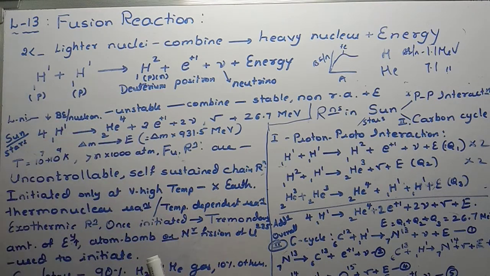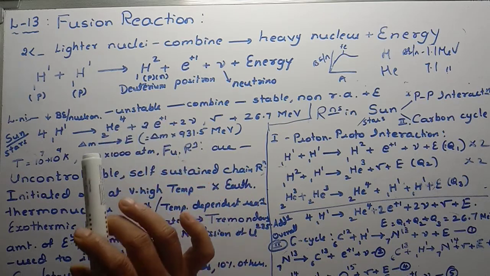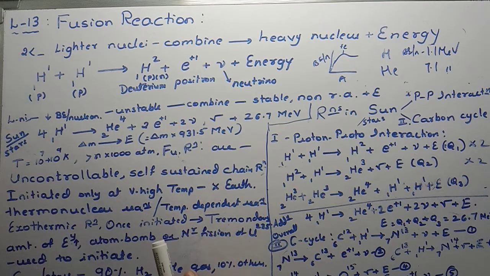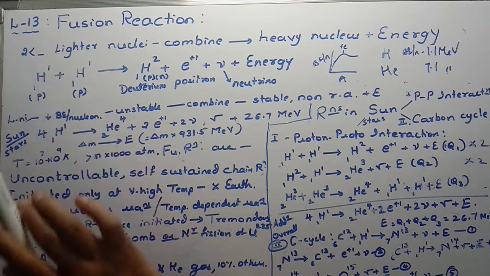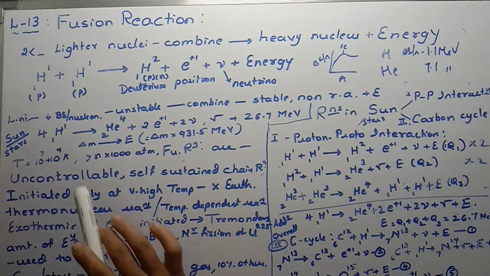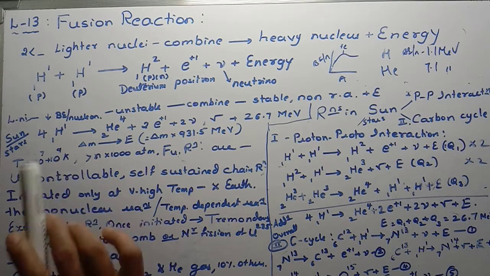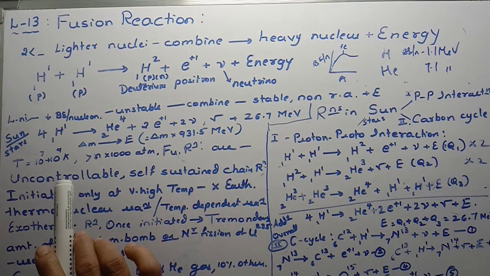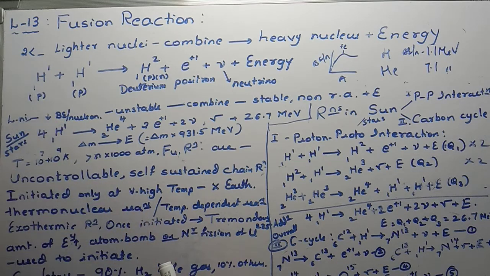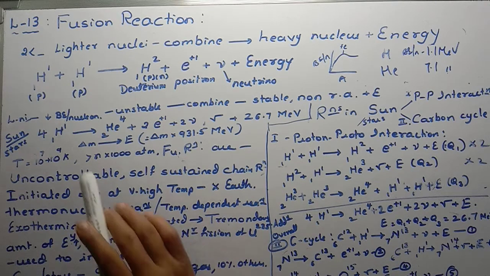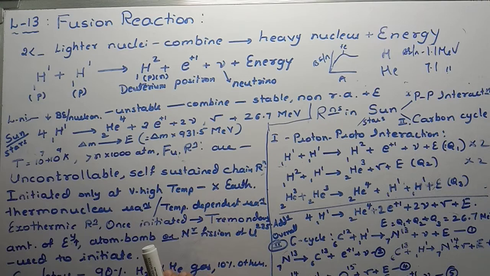To bring them nearer and make them react is very difficult, and it is possible only at very high temperature, when they are highly energetic, containing very high kinetic energy. Then only they react with each other and give the new product.